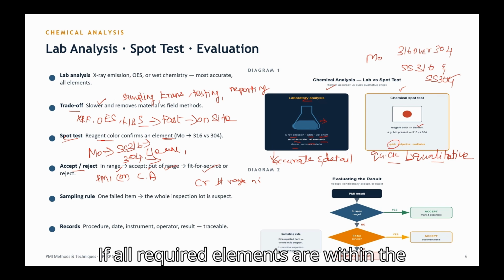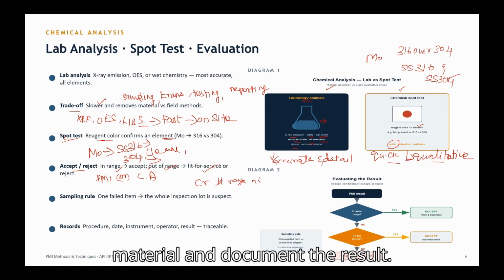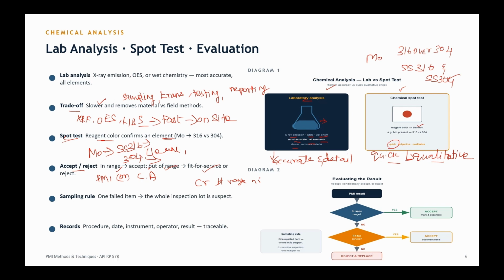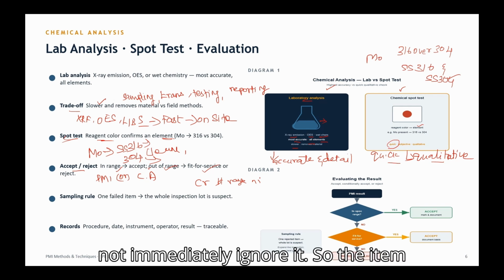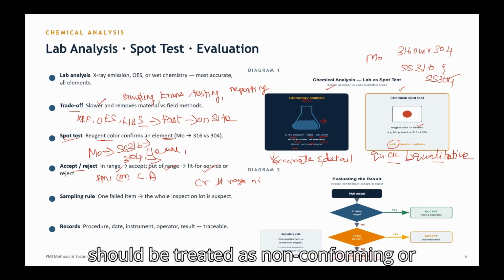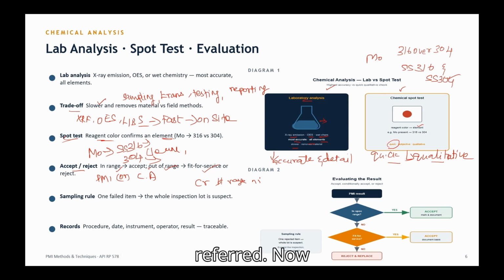If all required elements are within the acceptable range, accept the material and document the result. If the result is outside the range, do not immediately ignore it. The item should be treated as non-conforming or suspect. Further evaluation is required.